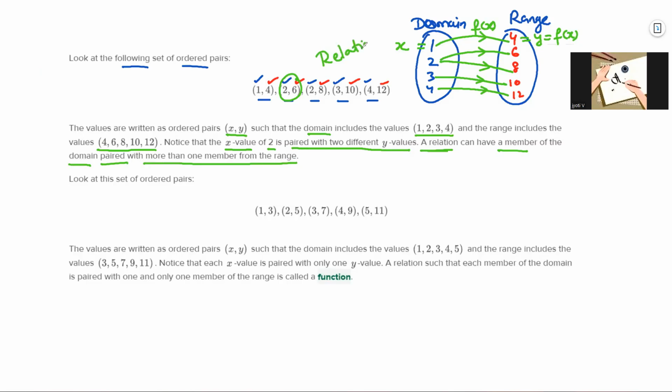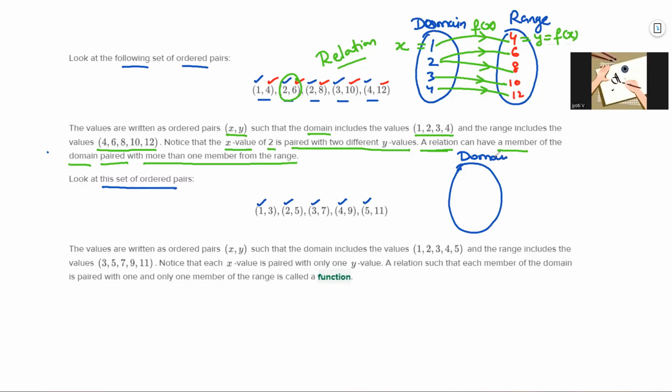What is a relation? In a relation, the domain set elements can be paired with more than one element in the range set. Going forward, to the next example, look at this set of ordered pairs. We have 1, 2, 3, 4, 5 as elements of the domain set.